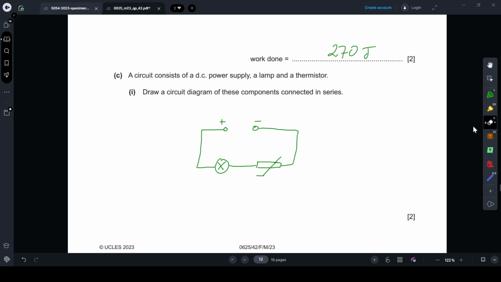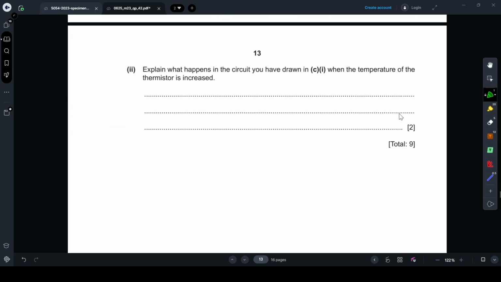The thermistor should be before the lamp. As the temperature increases, the resistance of the thermistor will drop, and so more current will pass to the lamp and the lamp will be brighter.